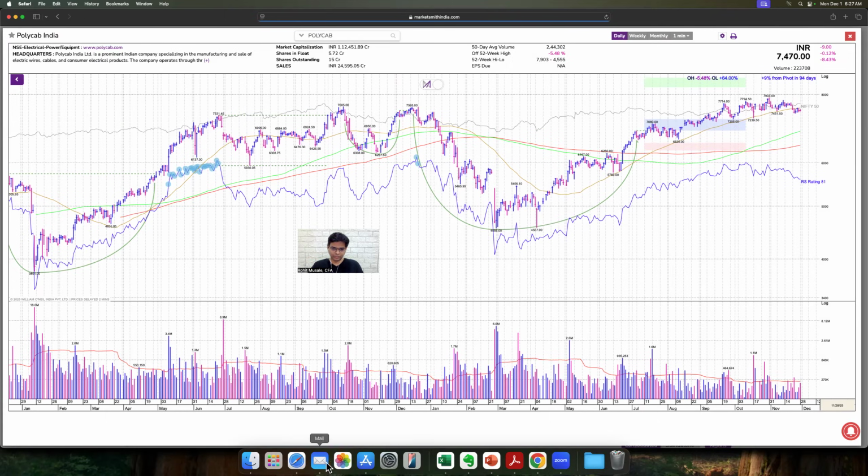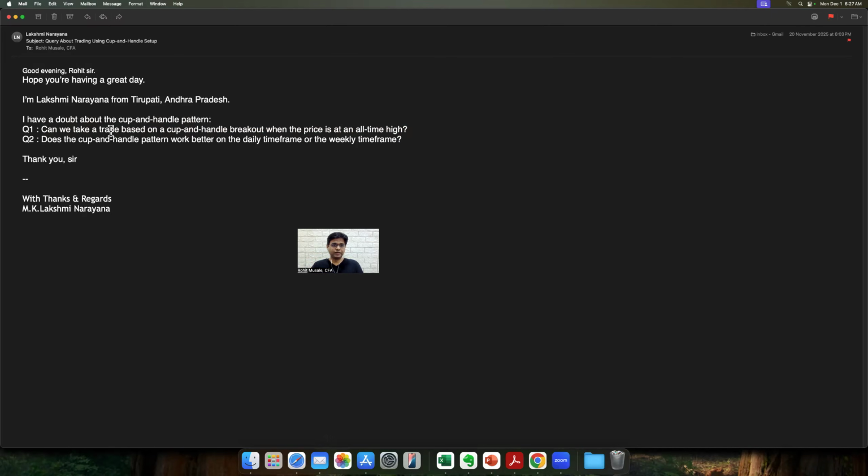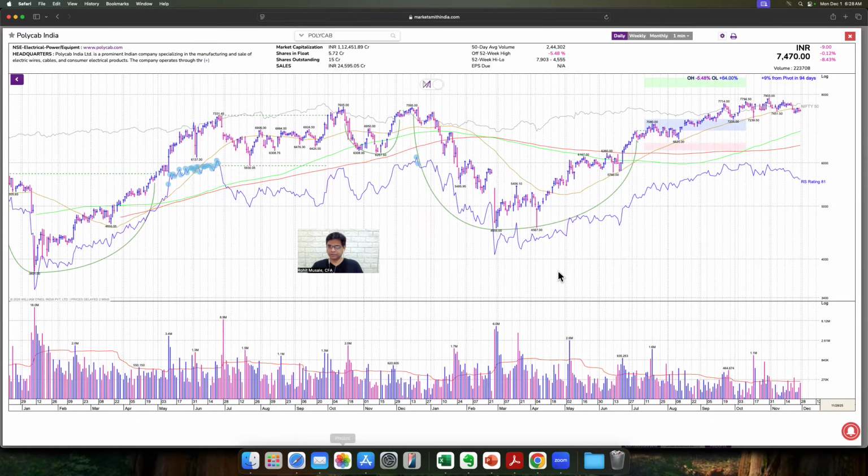Now the question is, can we take a trade based on a cup and handle breakout when the price is at an all-time high? See, that is not going to happen, because let's say the price breaks this pivot point. The pivot point is 6871. When the price breaks this pivot point, it is not at an all-time high.